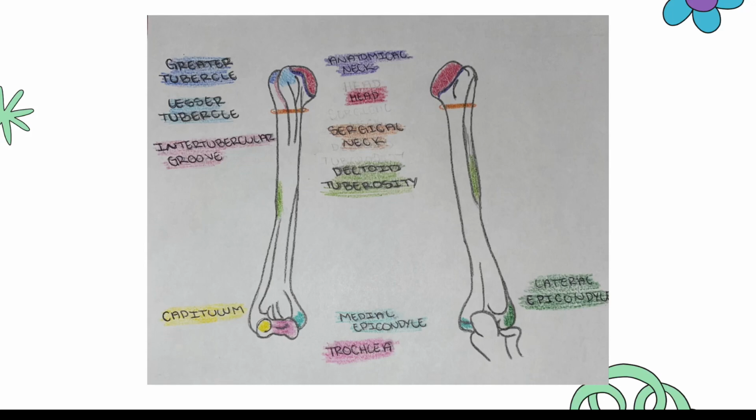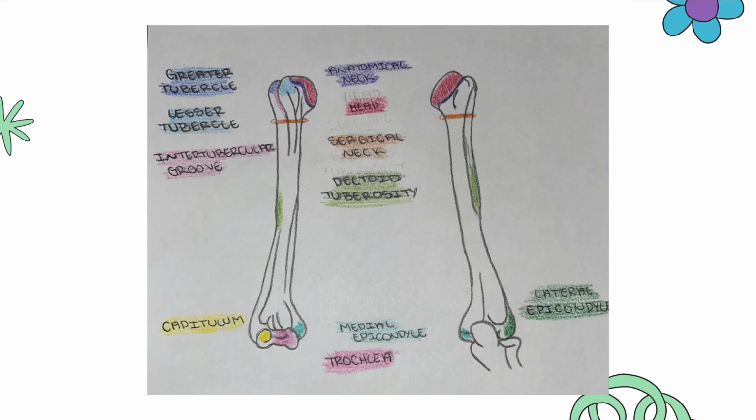Some believed it was the surgical, others believed it was the anatomical, so they just came to the conclusion to have both necks. Truthfully, this isn't going to affect a normal human being. The only people it truly affects are those learning about it, so me and you, because we have to memorize both of the necks.